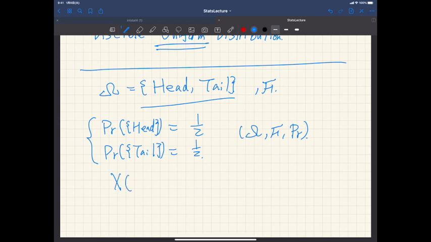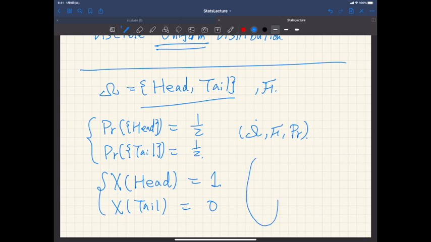Then let's define a random variable. A random variable is a function from omega to real numbers. In this case, omega has only 2 values. So x of head is, let's say, 1, and x of tail is equal to 0. So this defines a random variable.